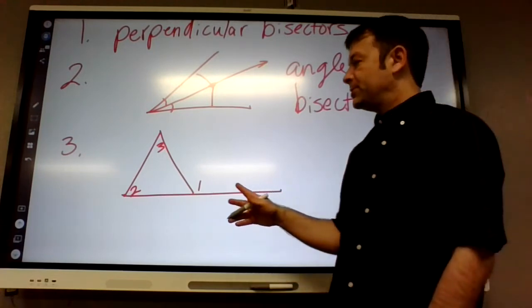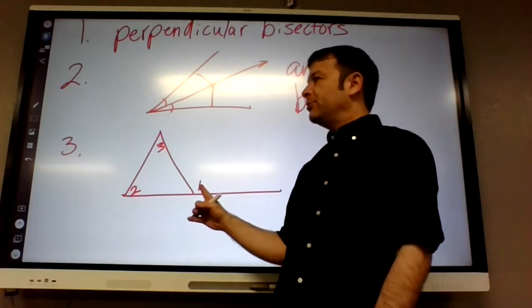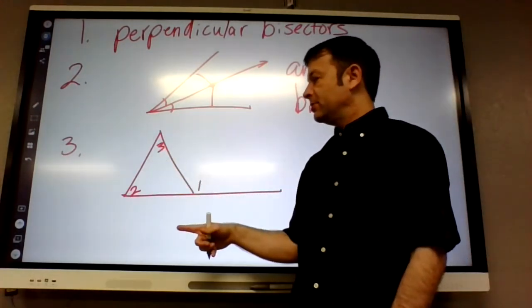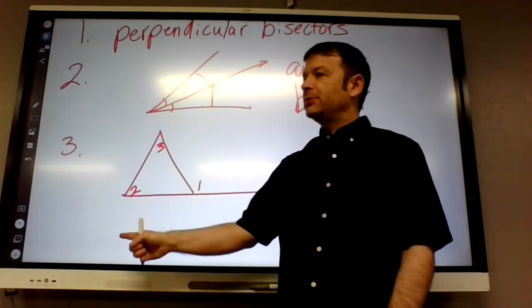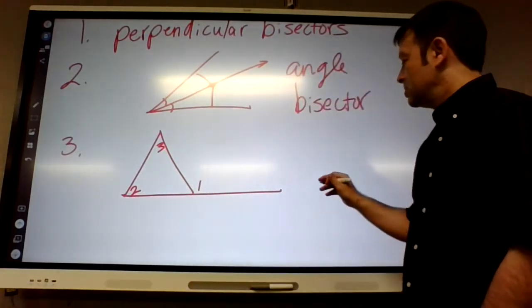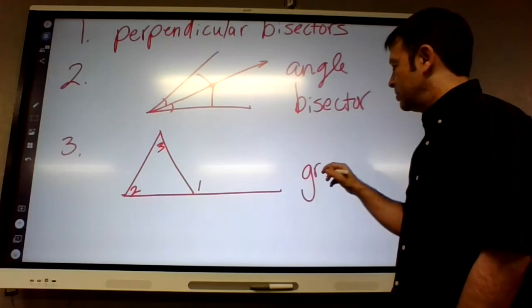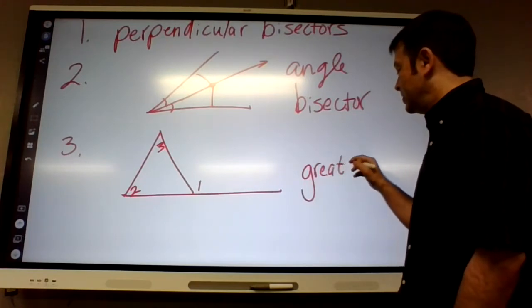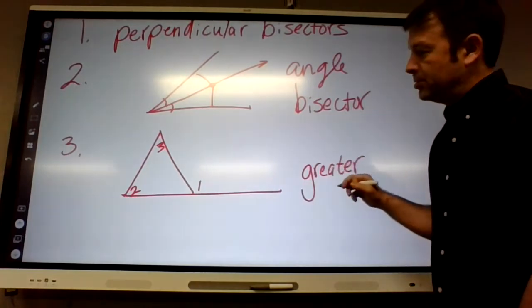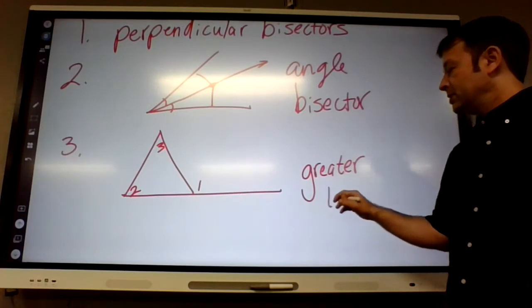Angle 3 plus angle 2 equals angle 1, so how does angle 1 compare to angle 3 or angle 2? It's greater than. They called that the exterior angle inequality theorem.